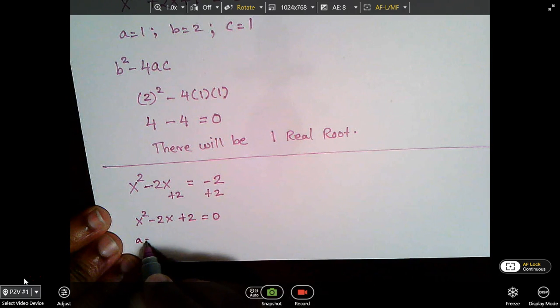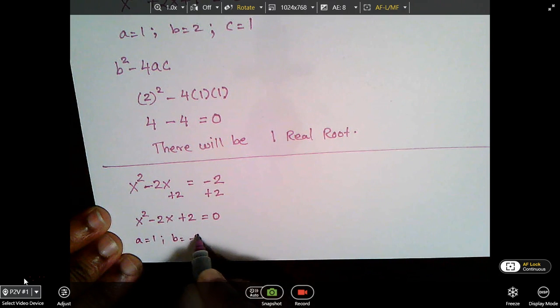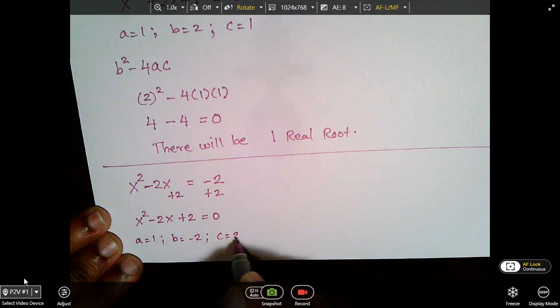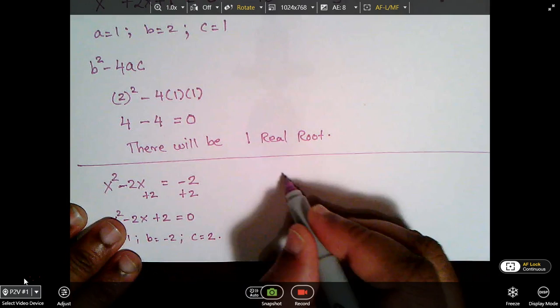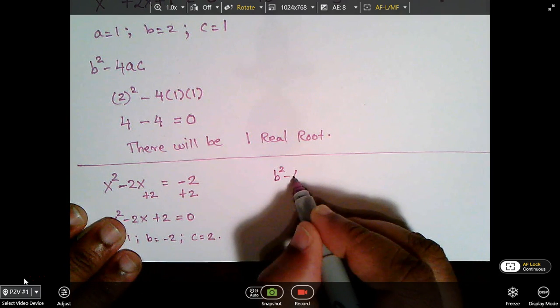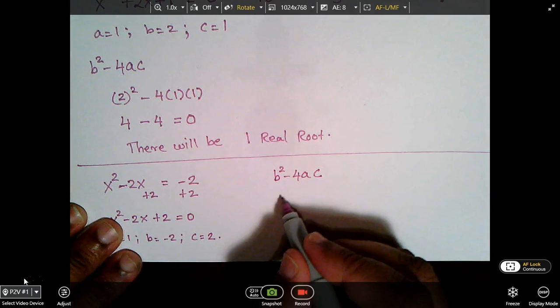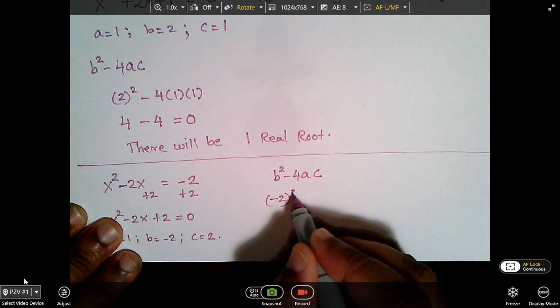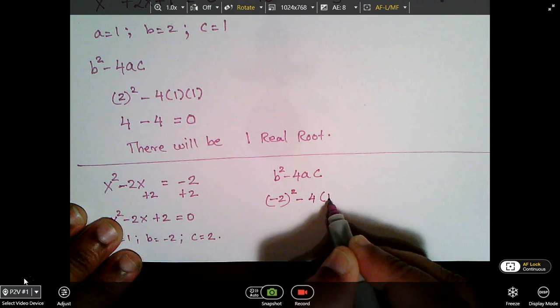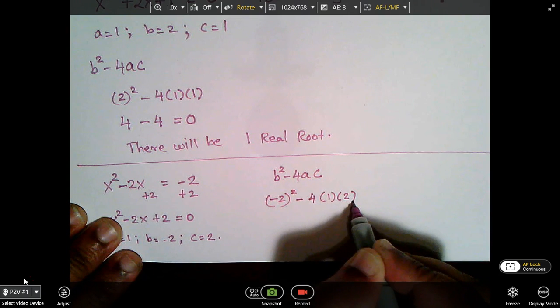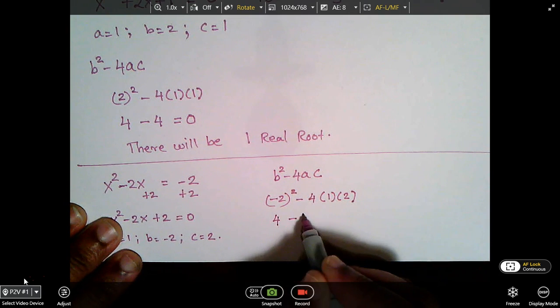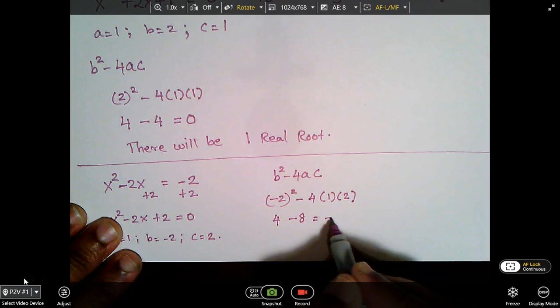Now my a is 1, b is -2, c is 2. Now I want to figure out what b squared minus 4ac is. b squared is -2 squared minus 4 times 1 times 2. So that is 4 minus 8, which turned out to be -4.